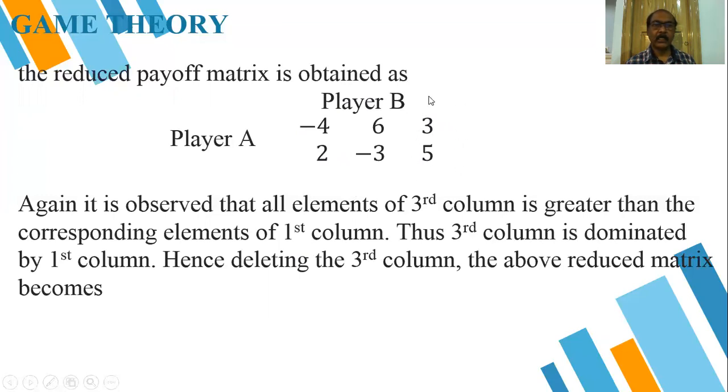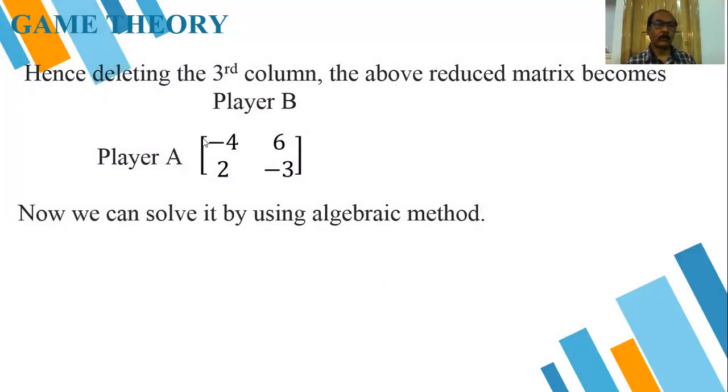And after deleting this third column, we will get the reduced 2 cross 2 matrix. So the reduced pair matrix is -4, 6 and 2, -3. Hence, deleting the third column, the above reduced matrix becomes player A, player B. So this is B1, B2, and this is A1, A3.